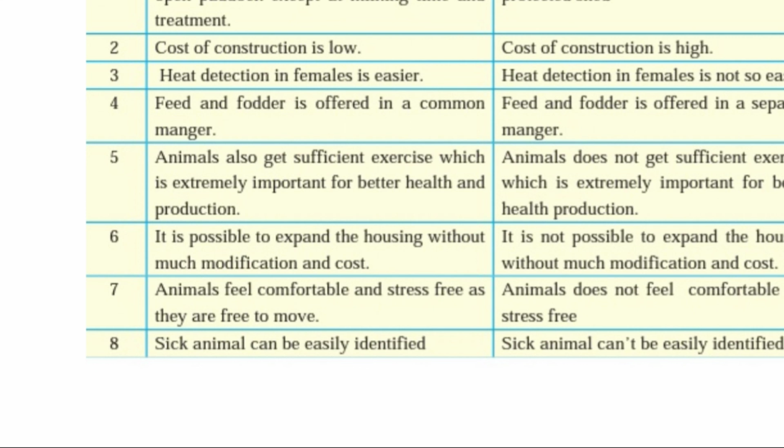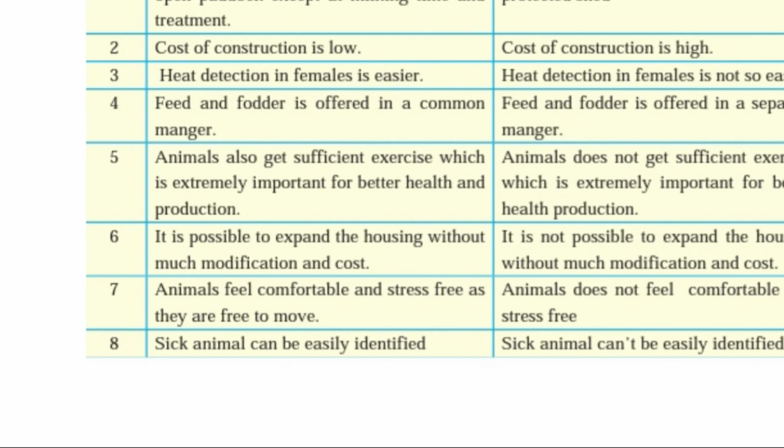The animals are comfortable in loose housing system, as they are free to move, they have freedom to take feed, water, and freedom of everything, so they are comfortable and stress free, as compared to conventional housing system.